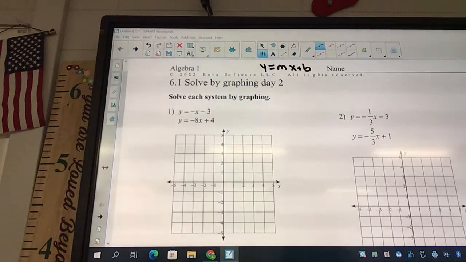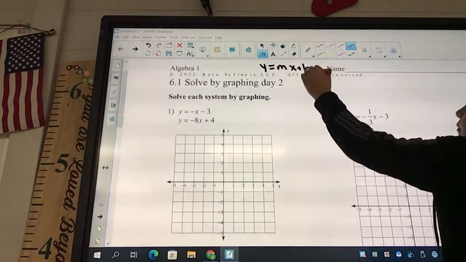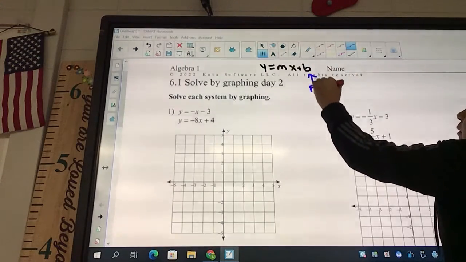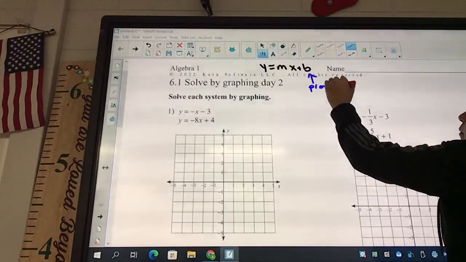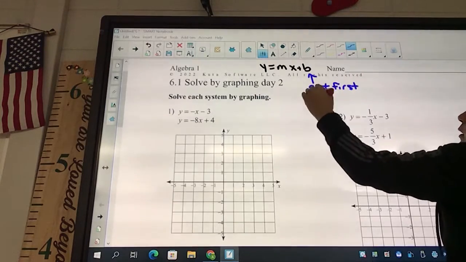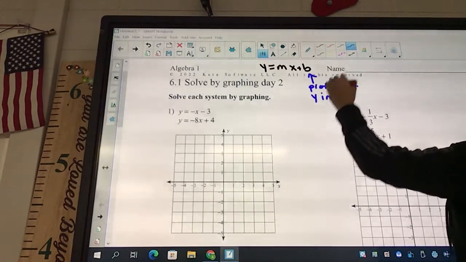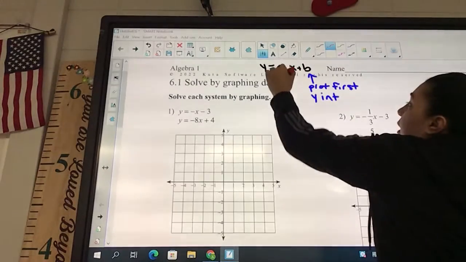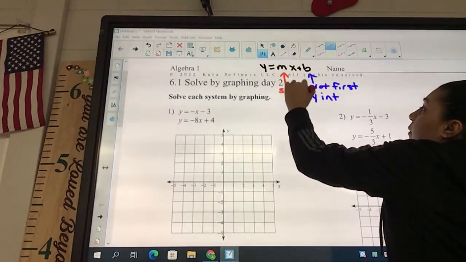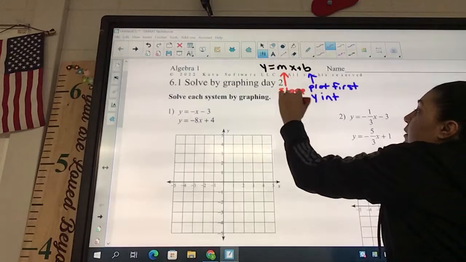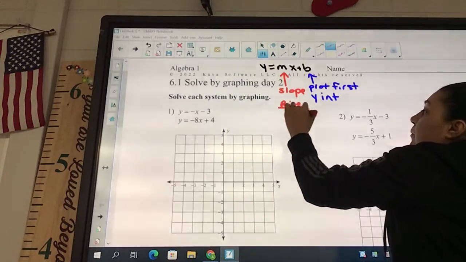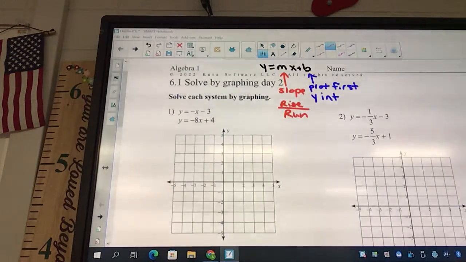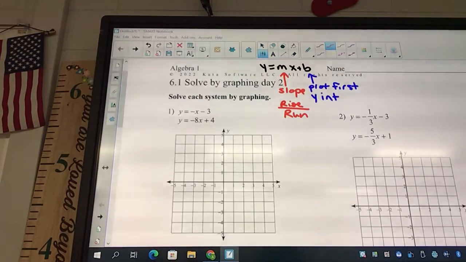We plot that b first, and it's our starting point. And then for the m, that's our slope, and it's our rise/run.